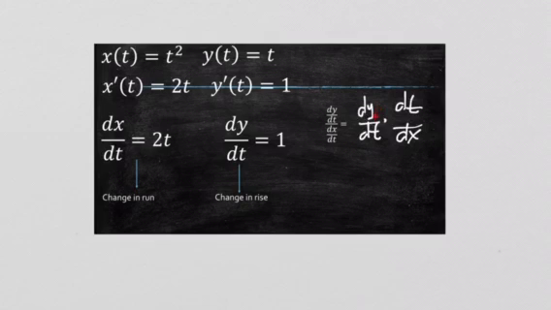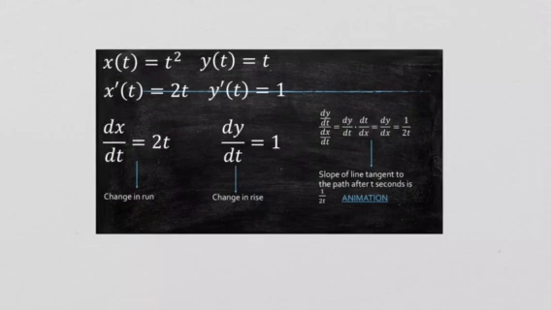We're taking the numerator and multiplying by the reciprocal of the denominator, and then we can see that the dt's cancel, and we're just left with dy dx, which is our slope. That's good news. So we get dy dx is just 1 dy dt over 2t dx dt. So our slope of this path is going to be 1 over 2t.